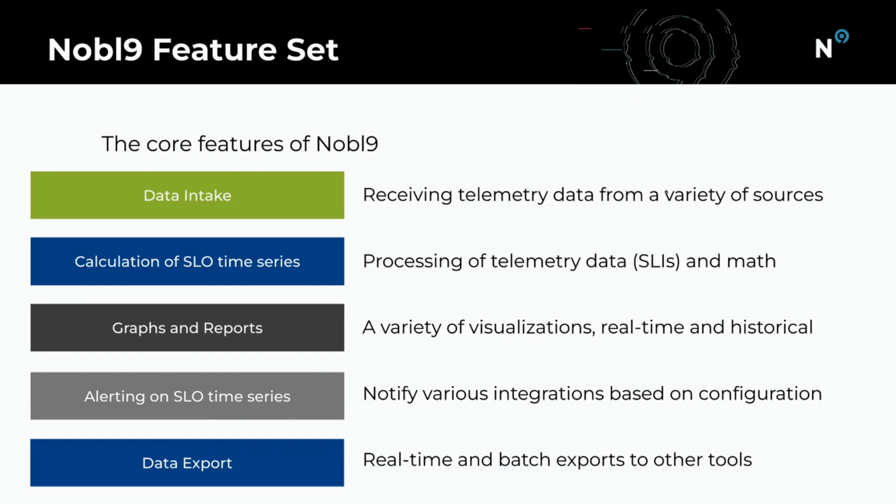It will query that source and then send that data to the Nobl9 platform for processing, which is where we get the next layer there for the calculation. All of that data that is queried by the agents is then processed by the platform. Error budgets are calculated for the appropriate time window.